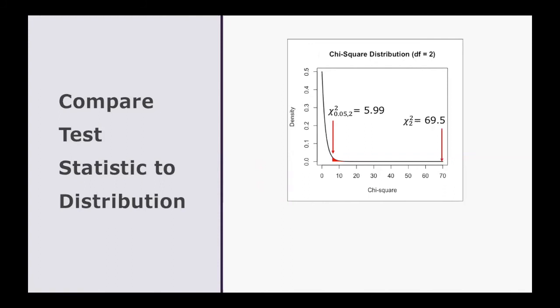Well, if you remember, we calculated our chi-squared test statistic with 2 degrees of freedom from our observed sample to be 69.5, which is pretty much off the charts in terms of this chi-squared distribution. There's only a very tiny chance that we would get a chi-squared value like this if the null hypothesis were in fact true.